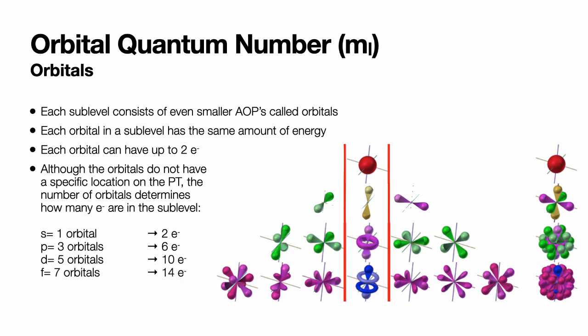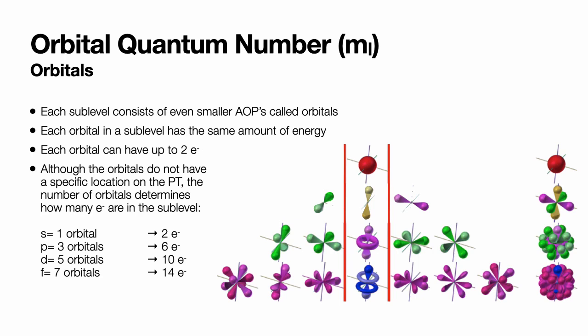How many electrons can it hold? 2. The P sublevel can hold how many electrons? 6. If each part of a sublevel can hold 2 electrons, how many orbitals is the P going to have? 3.